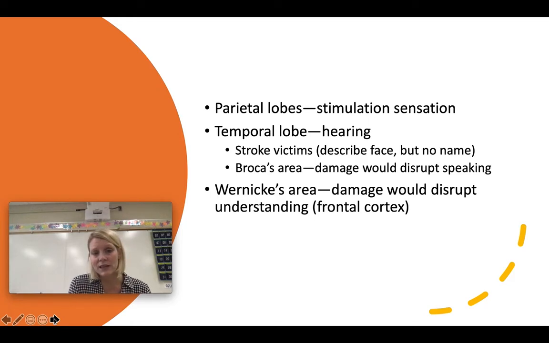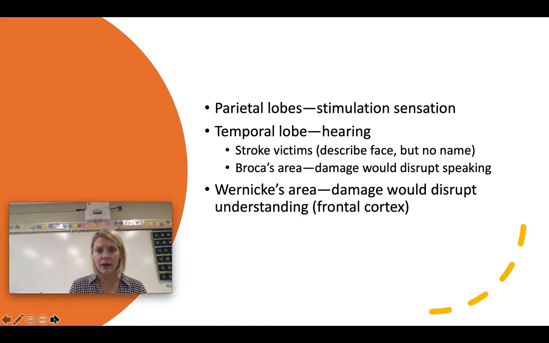But for instance, stroke victims in the temporal lobe sometimes will be able to describe what their spouse looks like, but they couldn't come up with their husband's or wife's name. They can describe who they look like, what they're wearing, things like that. They just couldn't come up with a name. That identity is almost like disrupted.